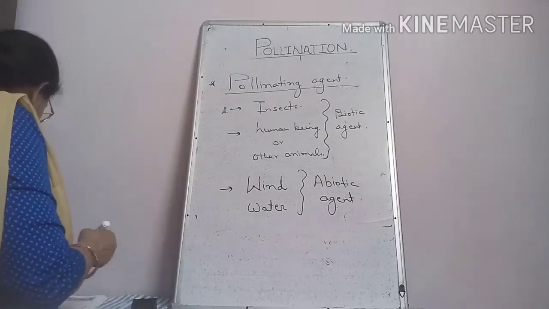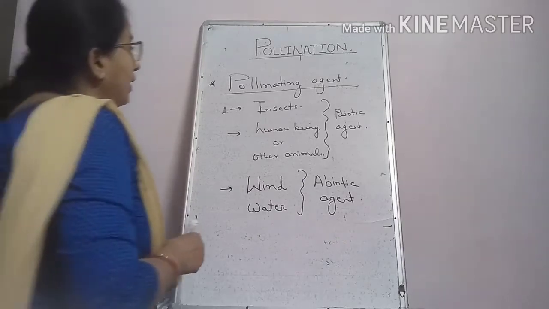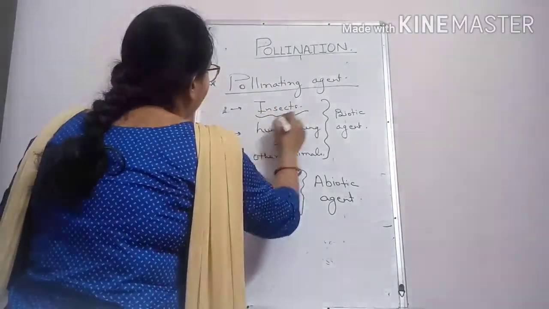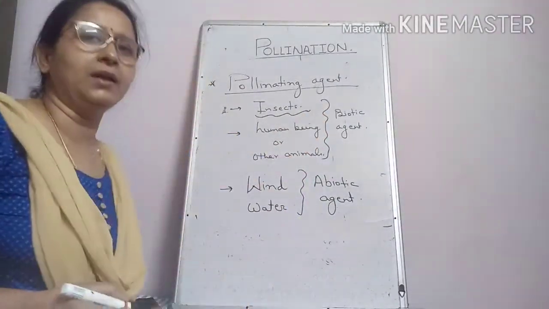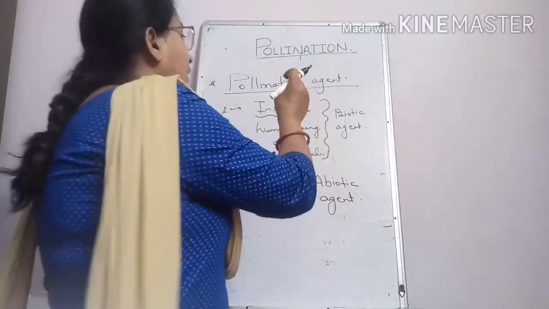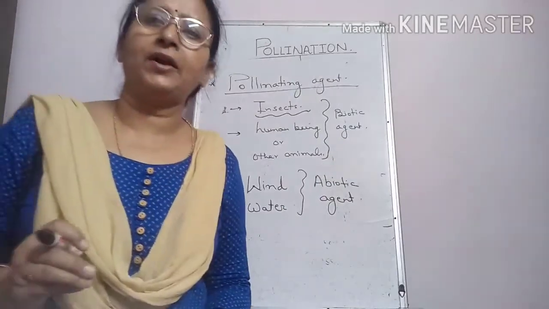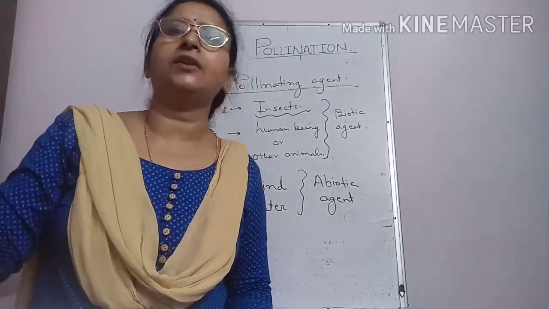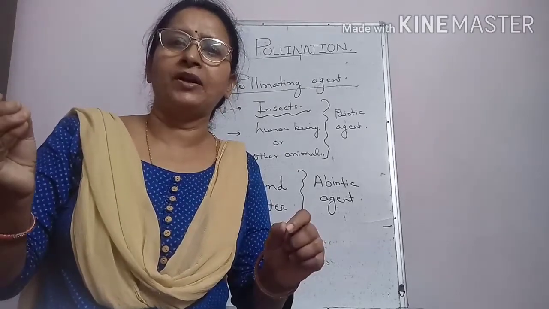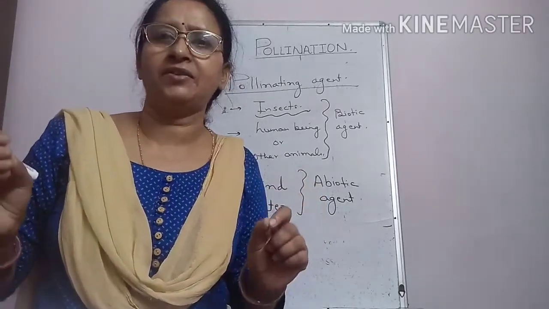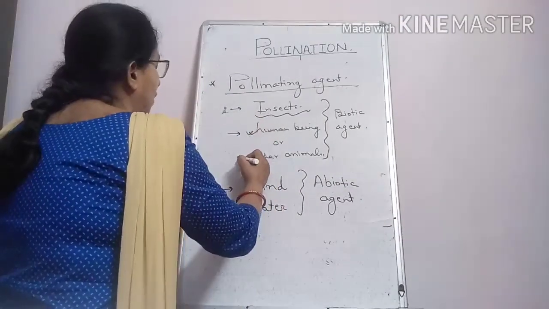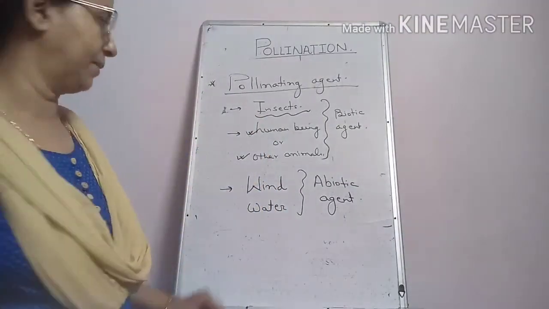Now, how does it occur? When an insect sits on one flower, some pollen grains stick on its body, and after that when it sits on another flower, those pollen grains are shed and pollination happens. The same thing happens by human beings or other animals.